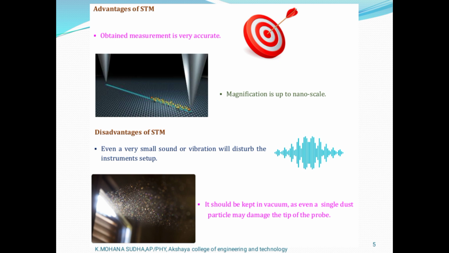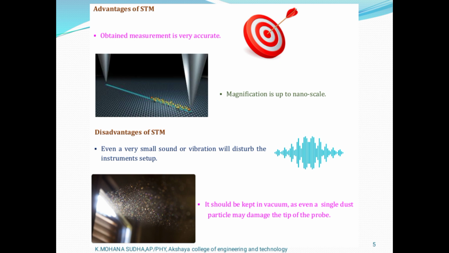The disadvantages: even a very small sound or vibration will disturb the measurement setup. As we said, a distance should be maintained between the tip and the atom, a little air gap of two atom spacings. That is the condition to scan the material.